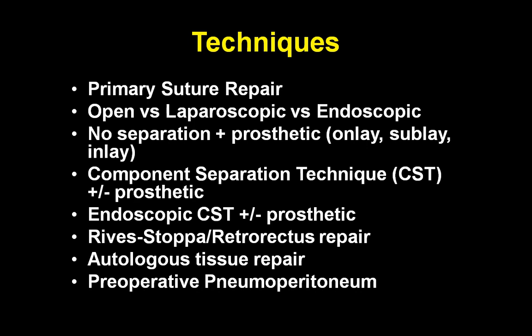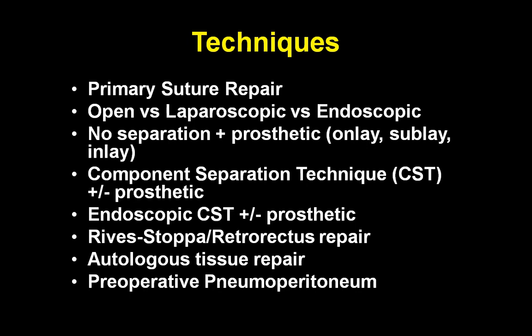There's another technique which people have been trying, the Rives-Stoppa retromuscular repair, which is quite good. Autologous tissue repair with tensor fascia lata and flaps, which may be pedicled or free vascular flaps, has been tried, but it's still in the experimental stage and the results are not that gratifying.